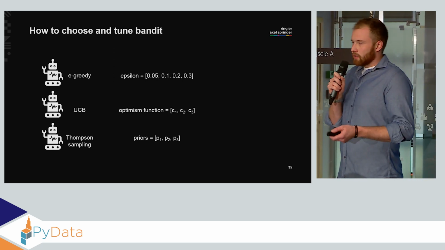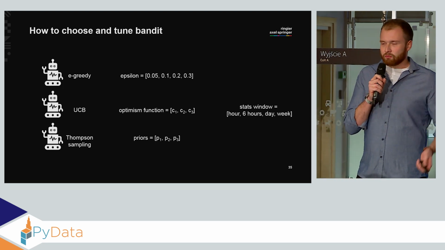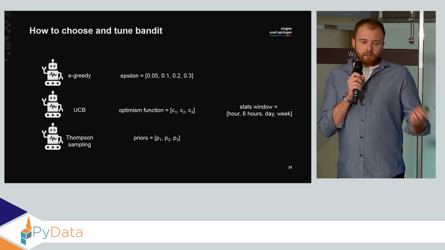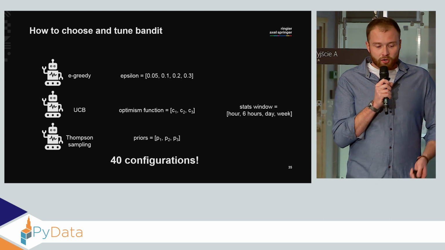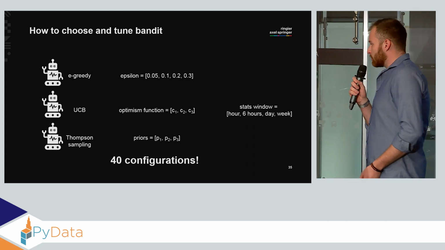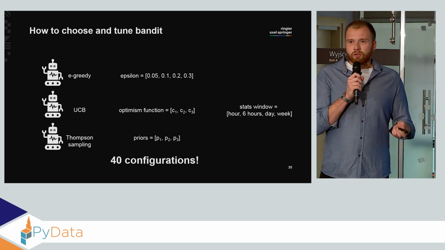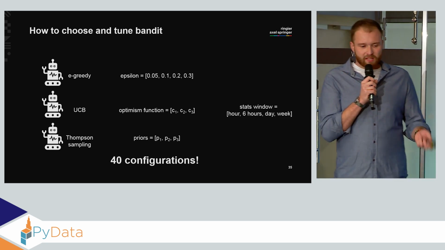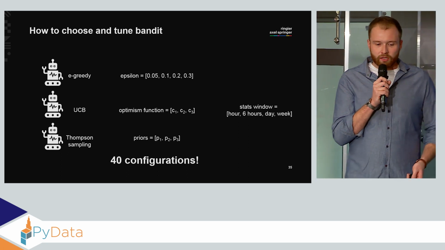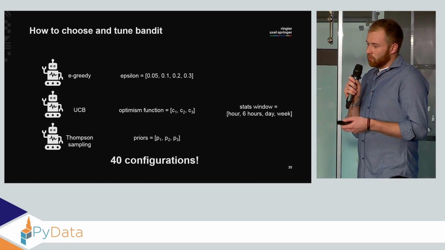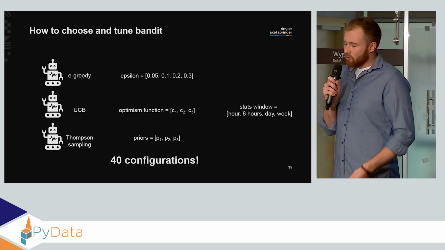Also, we can tune the stats window length, and in this example we have 40 configurations. So it's another problem, how to choose the best configuration for our algorithm in the most optimal way.